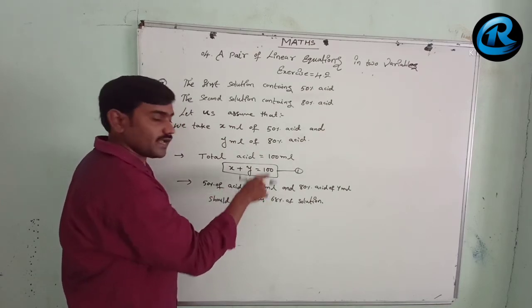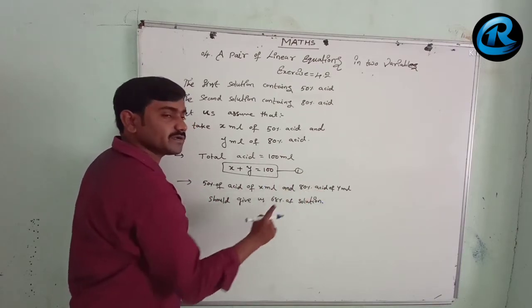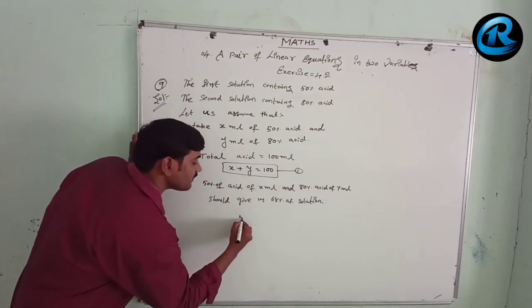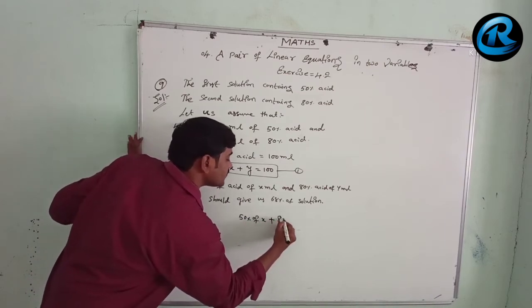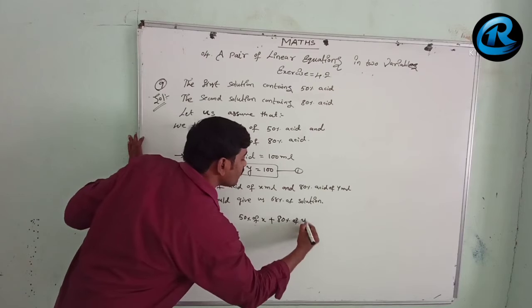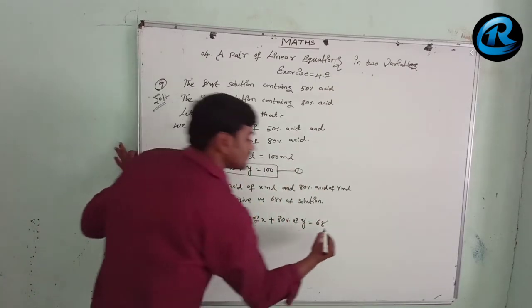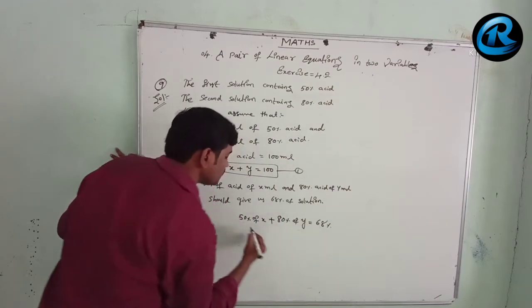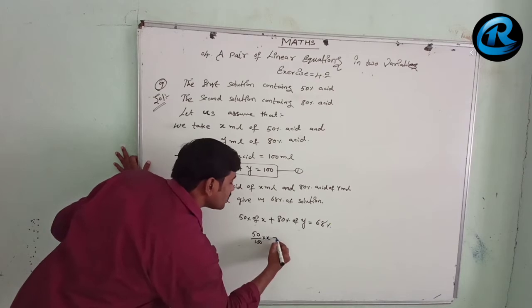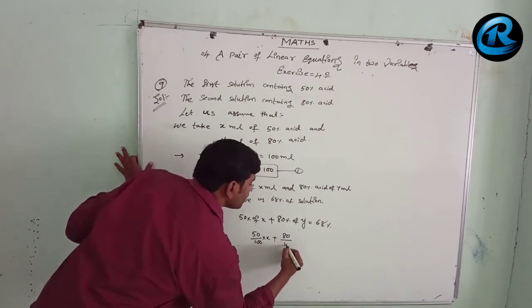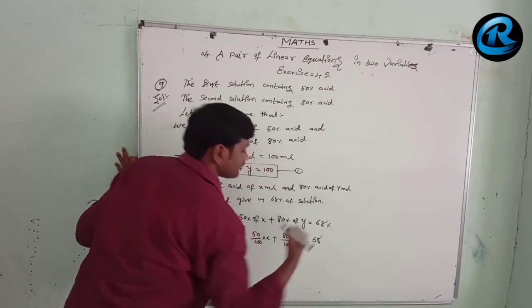So we will do that: 50% of x plus 80% of y equals 68%. That means you can write 50 by 100 into x plus 80 by 100 into y equal to 68.